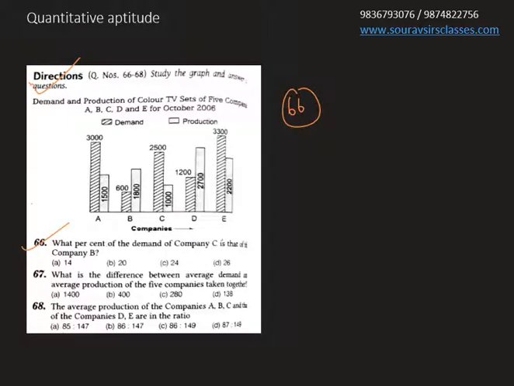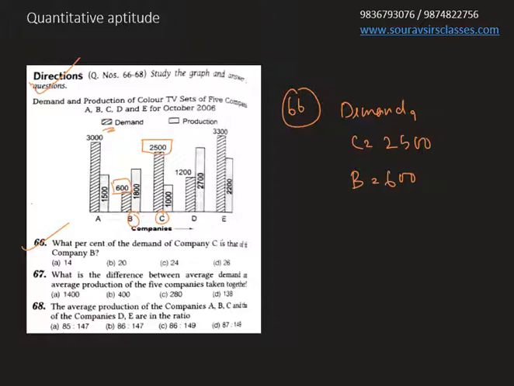What percent of the demand of company C is that of the company B? So first of all we need to find the demand of company C. So this is company C and the demand is denoted by the lined portion. Therefore the demand of company C is 2500, and for company B it is 600.